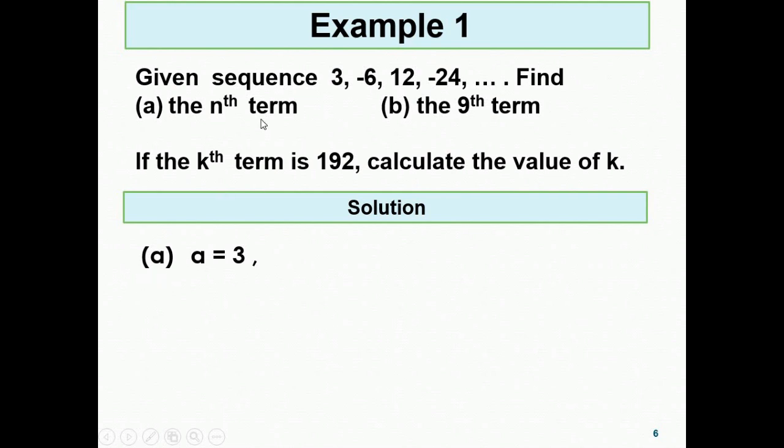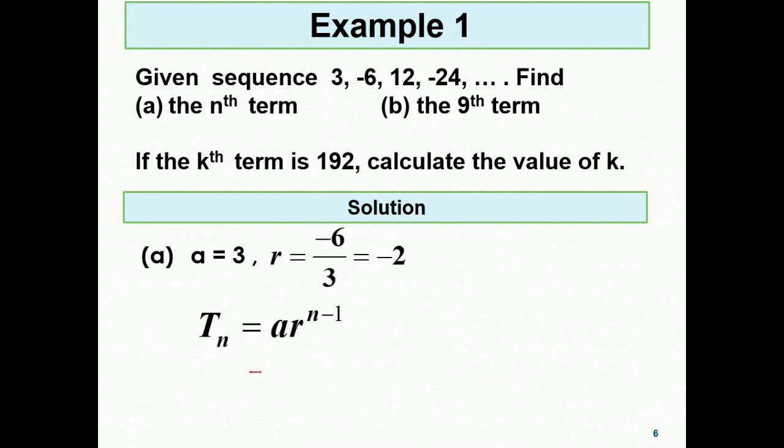From this sequence, the value of A, the first term, is 3. And the common ratio is -6/3, which is equal to -2.